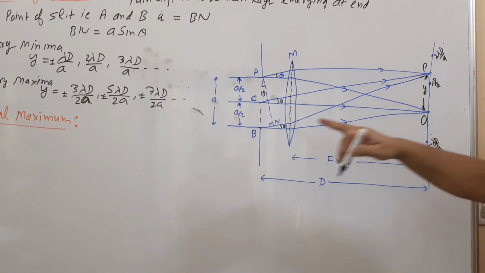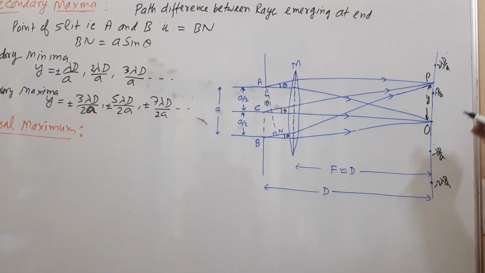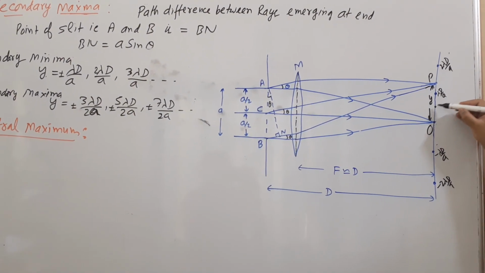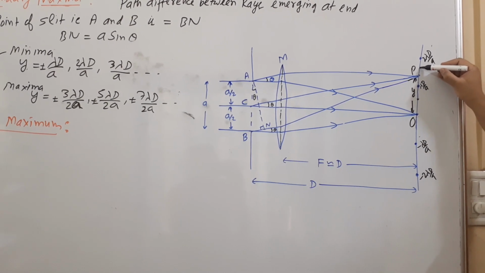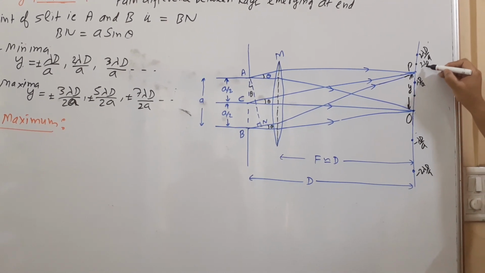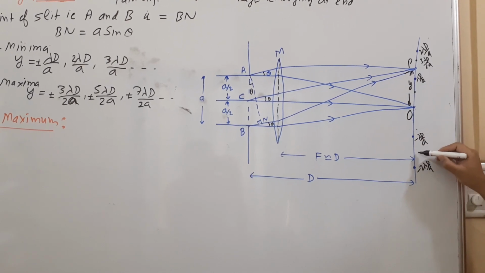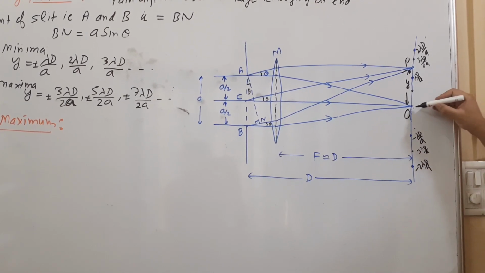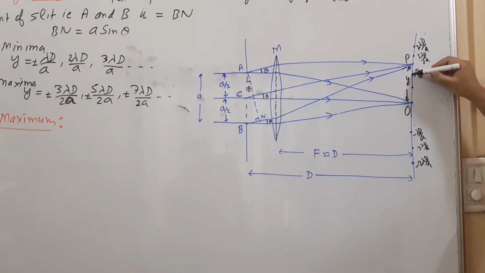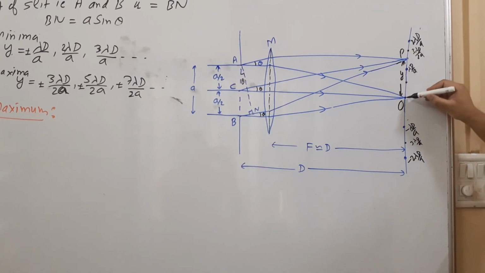And in between them, 3 lambda d upon 2a, and here minus 3 lambda d upon 2a. If we make a figure, this will be the first minima, this is the second minima, this is a maxima.